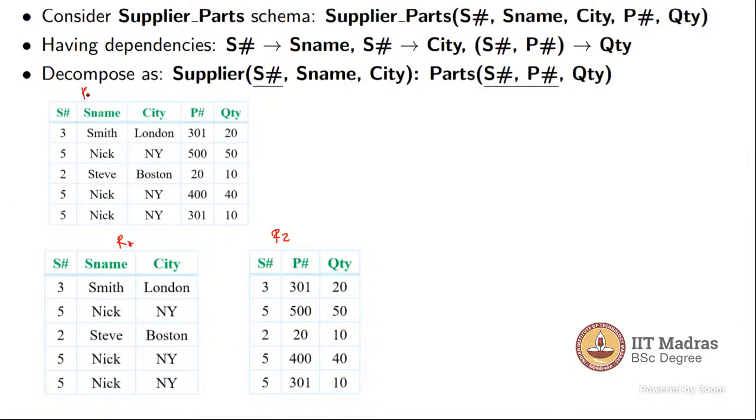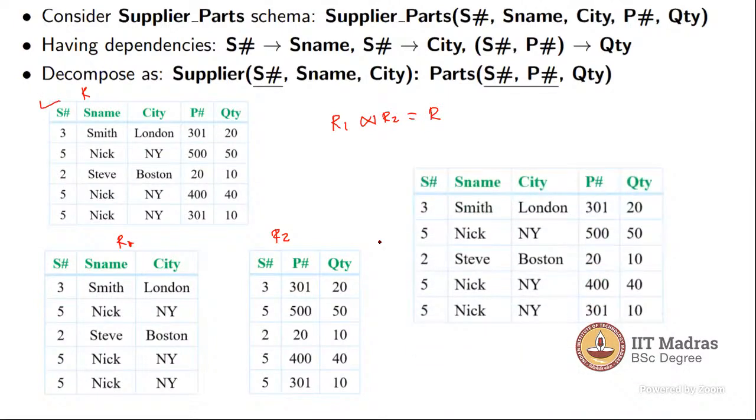Now, if you perform the natural join operation between R1 and R2, I am getting the same table, that is the original table. So this decomposition is a lossless decomposition. There are specific conditions from which you can directly determine whether a decomposition is lossy or lossless. Any question, any doubt in this?